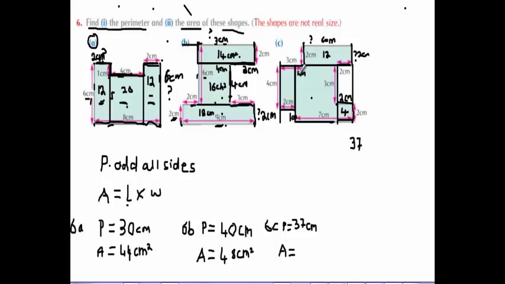In this shape here, I know that my line from here to here is 7 centimeters. I don't know the value of this line. However, I do know from here to here is 2 centimeters. So 7 take away 2, that gives me 5. That's 5 centimeters for this line here.